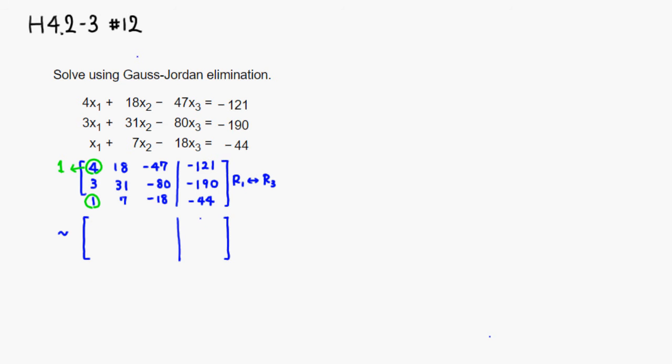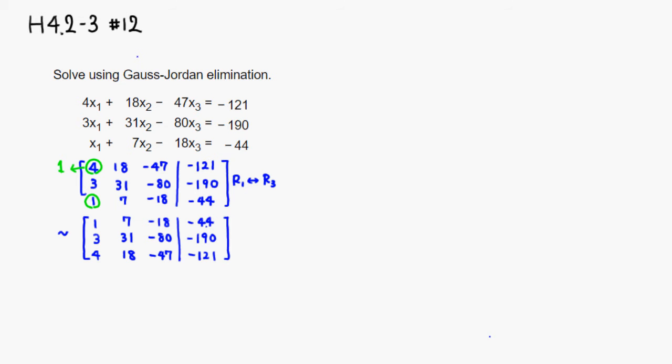So you're going to get 1, 7, negative 18, negative 44. The second row stays the same, 3, 31, negative 80, and then negative 190. Then this is going to be 4, 18, negative 47, and negative 121.